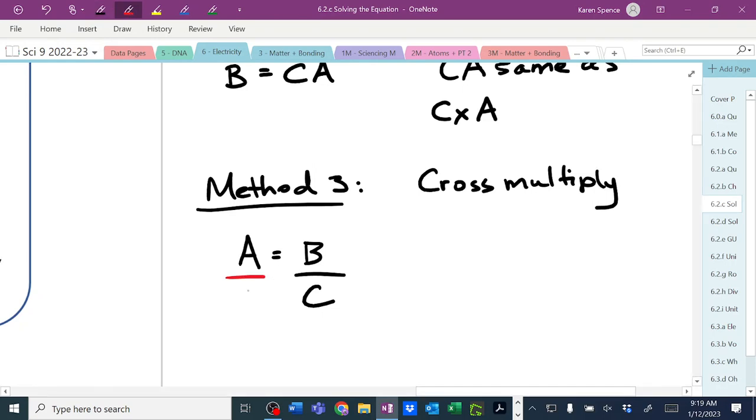What number could we put on the bottom just to have something there? We could put a 1. And then what we can do is we can cross multiply, where we have 1 times B, and we can also have A times C. And then if we get rid of the 1, we just have B is equal to AC.